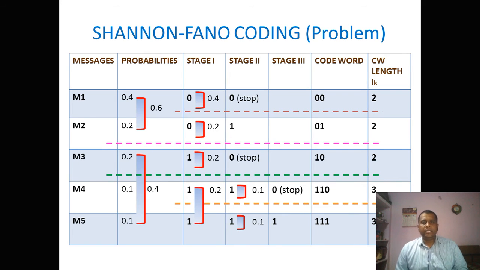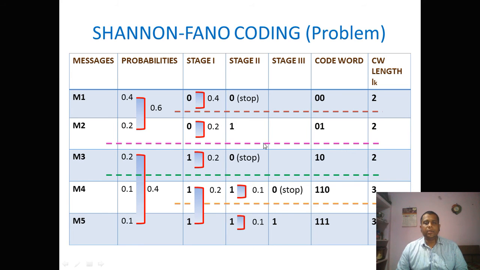Next, we form the Shannon Fano coding table. Here, the probabilities of the messages are written in decreasing order of value. In this, we are going to draw a dotted line.